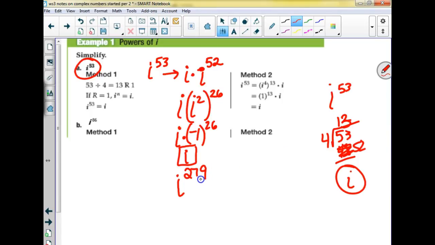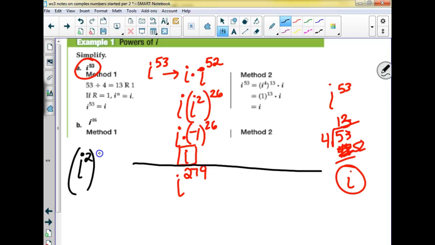What does that say? Oh, that was a new example, wasn't it? Okay, this is an example I was going to do. But I'm going to first do this i to the 86th over here. i to the 86th is even, right? So I could just say it's an i squared how many times?